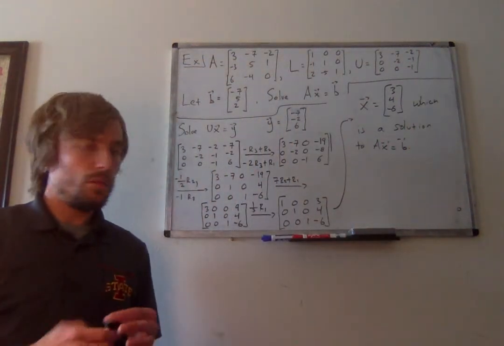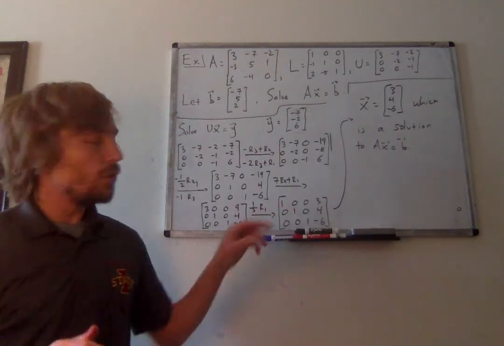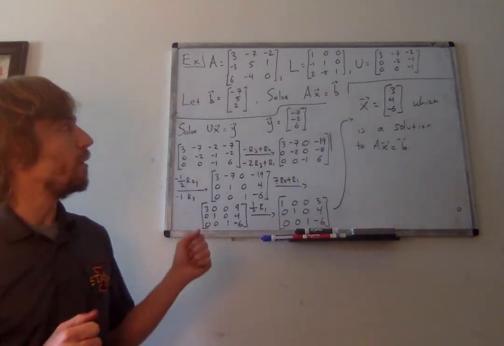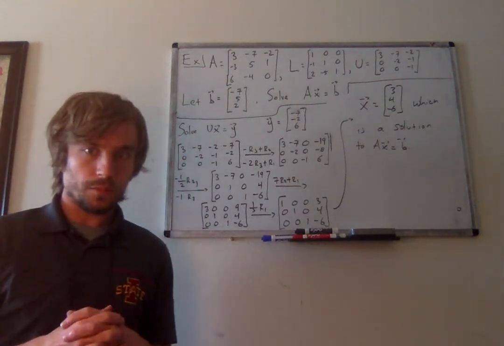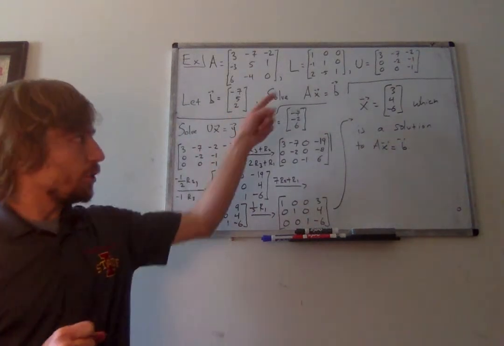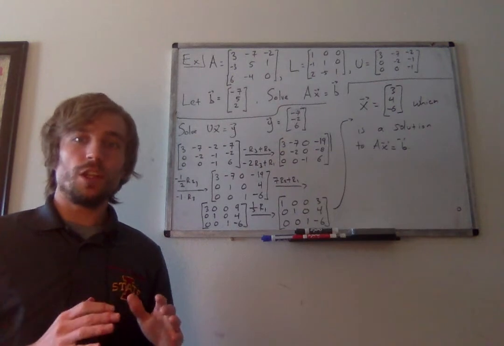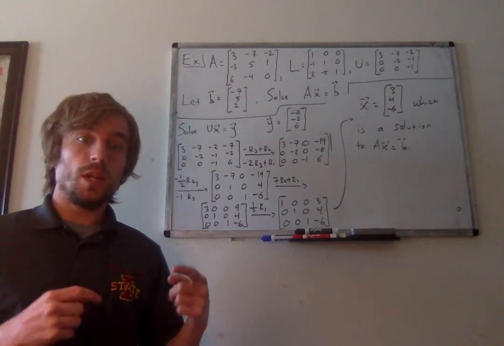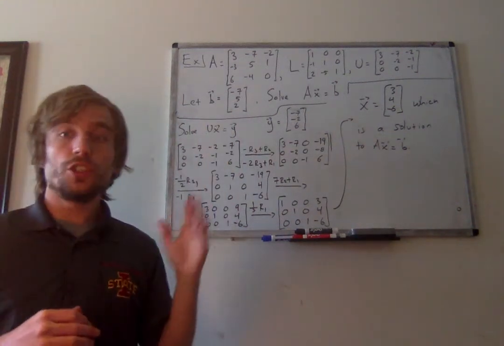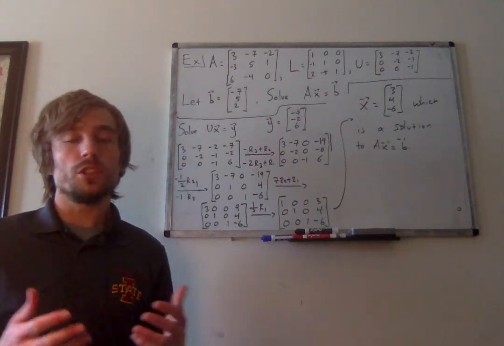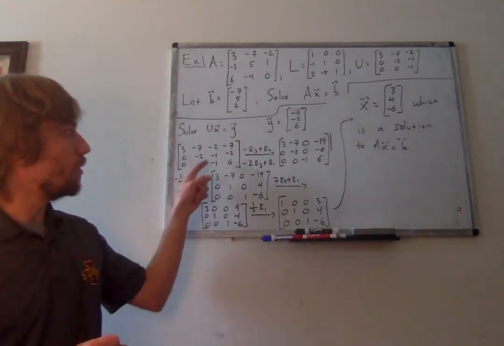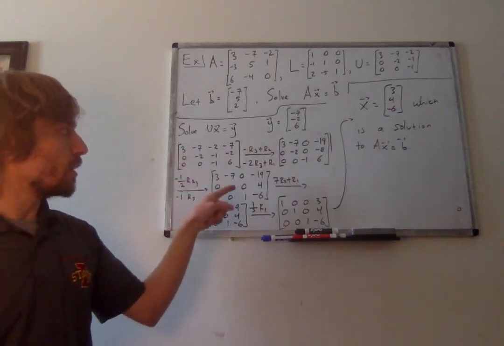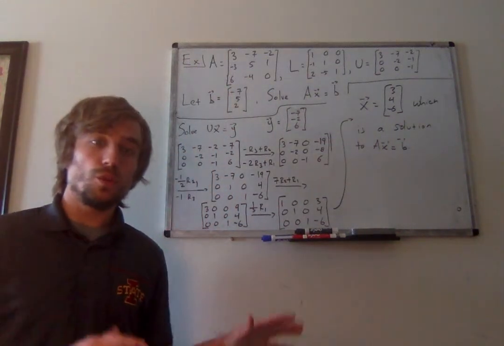And so note here, as a single time through solving this, the LU factorization was definitely a little longer than had we just row reduced normally. But notice each sequence of steps it took to row reduce L and U was very straightforward, and in the long run would end up taking a little less time than if I started with A and had to do the full row reduction every time to solve Ax equals B. Granted, solving this when U is already in row echelon form is a lot shorter than starting with A and row reducing it all the way.